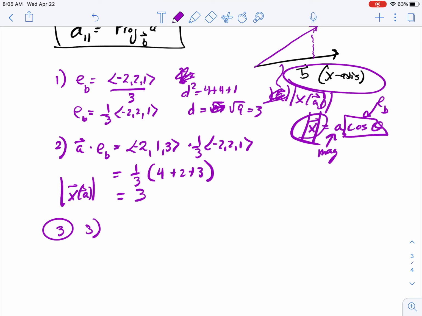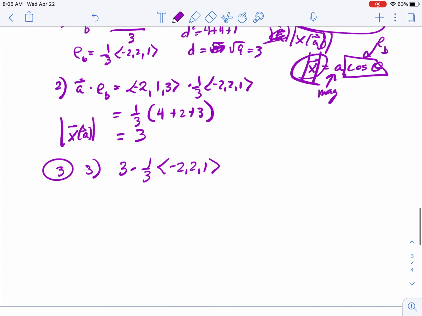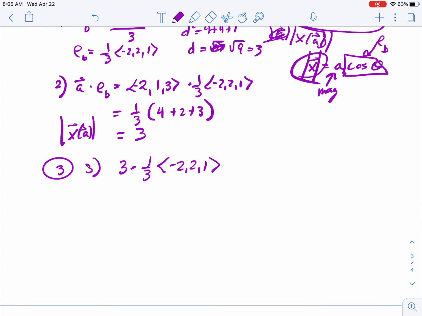So therefore, step 3, take 3 and multiply it by the unit vector, which is 1/3, negative 2, 2, 1. And what we have now is A parallel, which is negative 2, 2, 1.